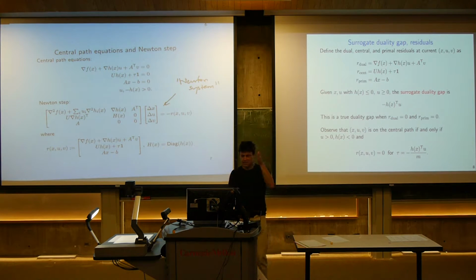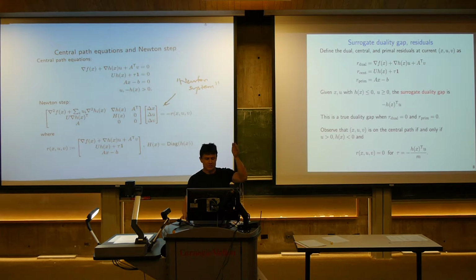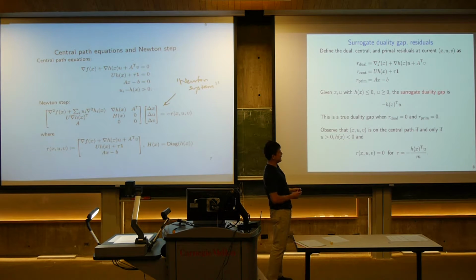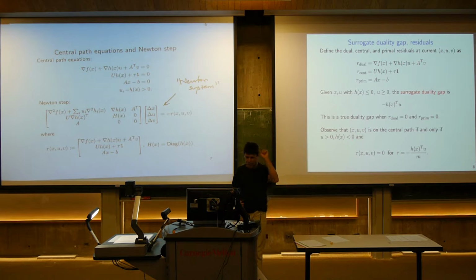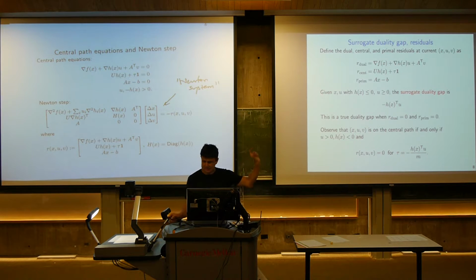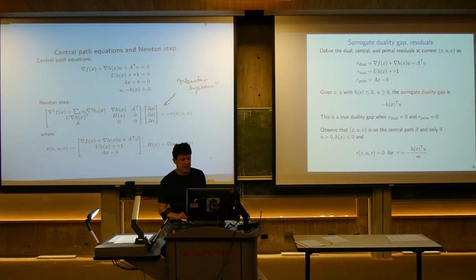These are the equations that are essentially the tweaked complementarity equations, evaluated at the current point. So those are the three blocks of residuals. It's just the three blocks that you see here.